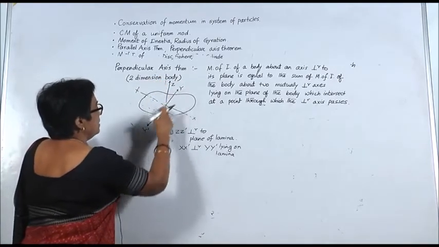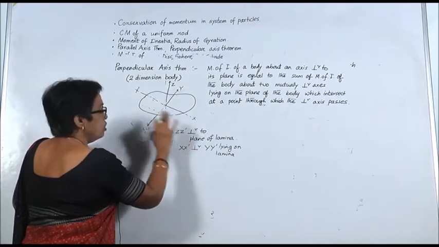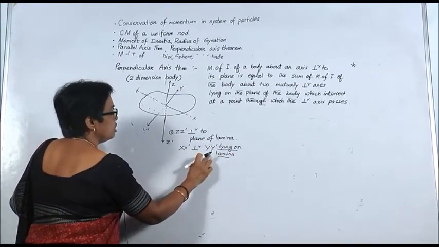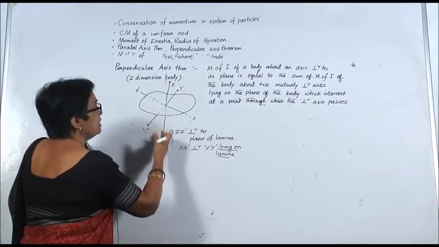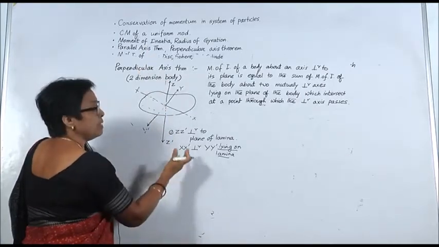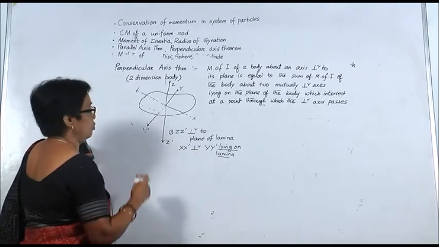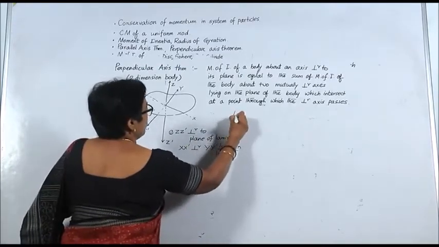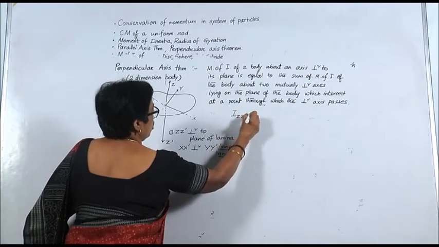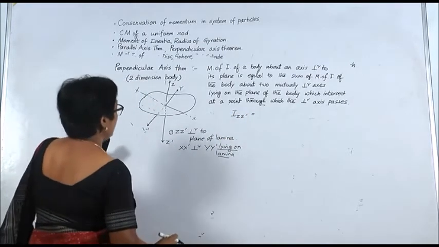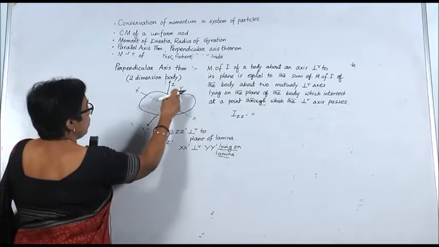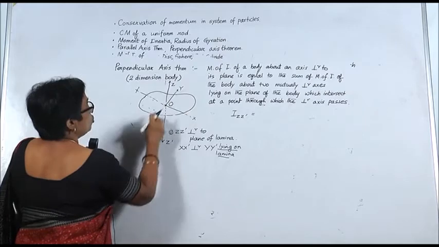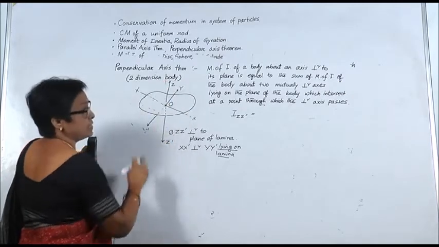So x dash and y dash are on the lamina. They are lying on the lamina. They are perpendicular to each other. So, z dash is perpendicular to the plane, that means perpendicular to x dash and y dash also. Then it says the moment of inertia about z dash of the body, and another thing, these x dash and y dash intersect at a point O through which z dash passes.